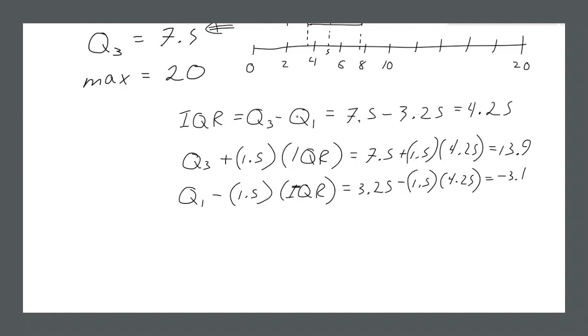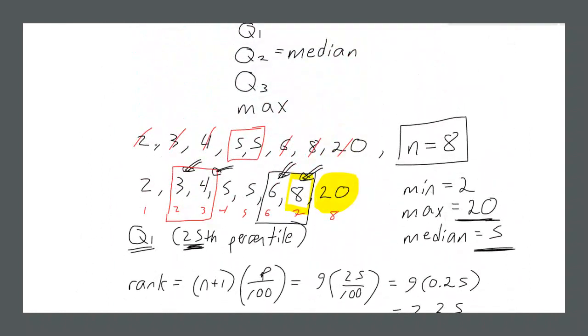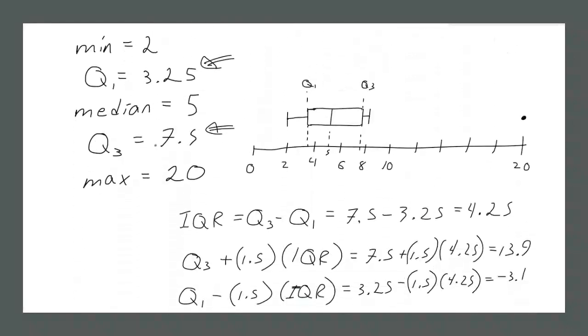Now, we don't have any data points that are below negative 3.1. There's our data points right here. Nothing is below negative 3.1. So we don't have any lower outliers, only that one upper outlier, which is the 20.